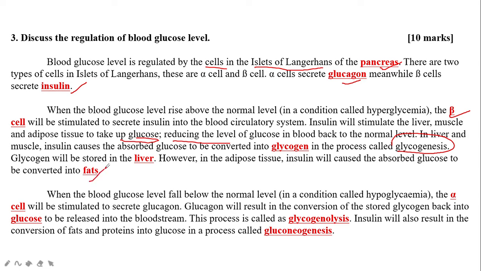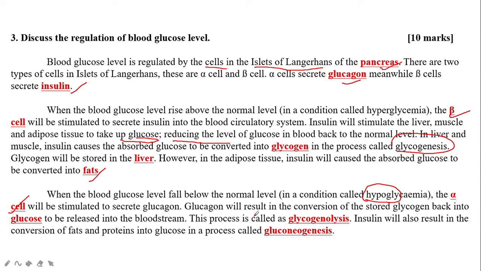Okay, so when the blood glucose level falls below the normal level, that condition is called hypoglycemia. So hypoglycemia is a condition that will be detected by alpha cell. So alpha cell will be stimulated to secrete hormone glucagon.